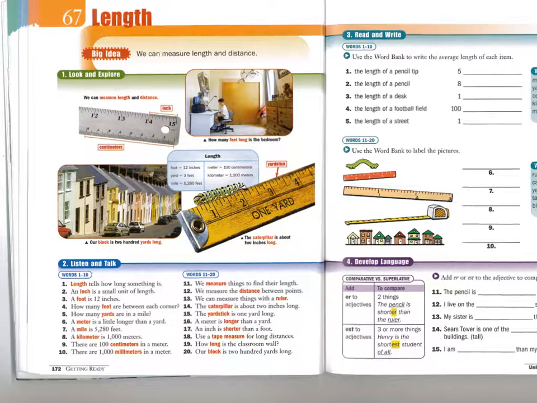Hello, we're looking at lesson 67 in the Newcomers book, and the lesson is focused on length. We're going to go through some common length measurements and practice listening and saying these sentences.